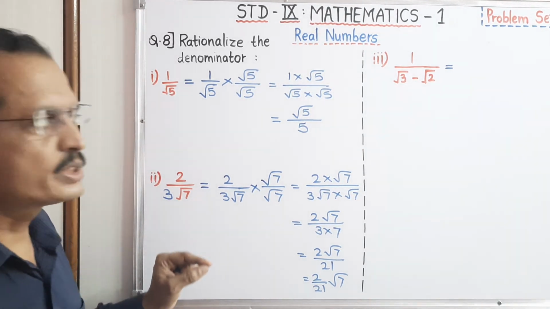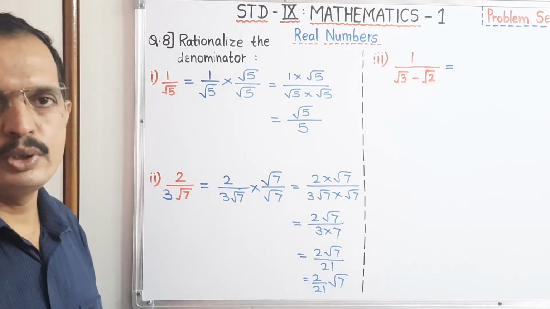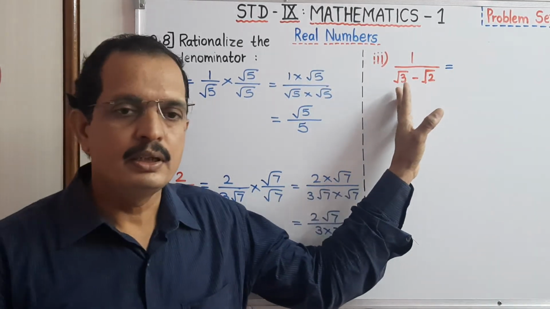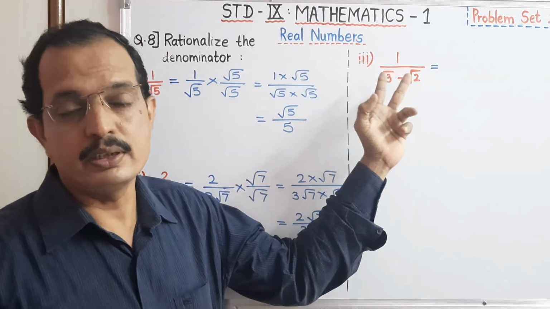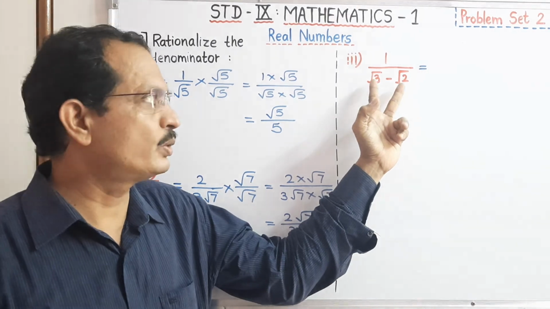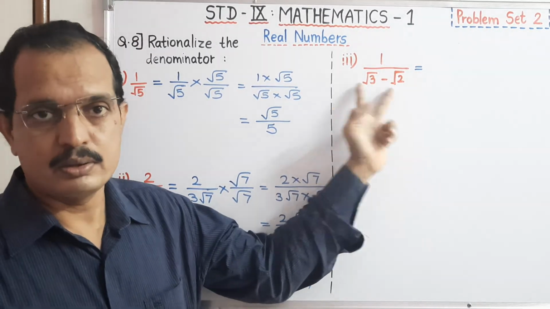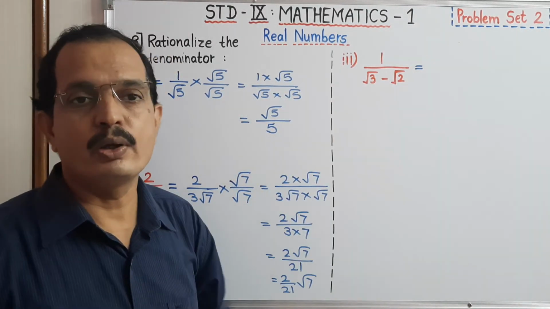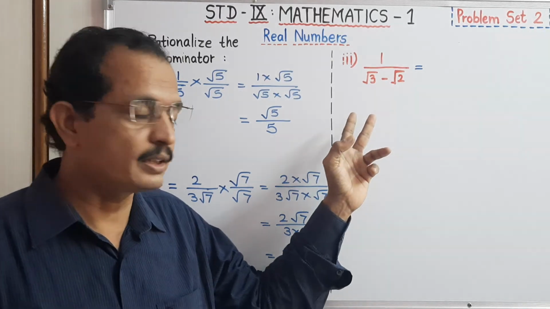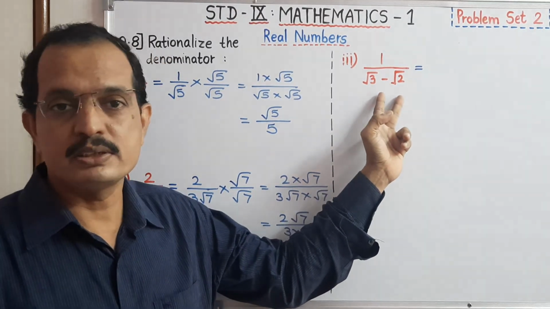Now start with the third one. As we have already solved like this, here the denominator is root 3 minus root 2. This is a quadratic binomial surd. Got it? For the rationalizing factor, we have to find out what? Yes, correct. It is the conjugate pair. Now, what is the conjugate pair of this?